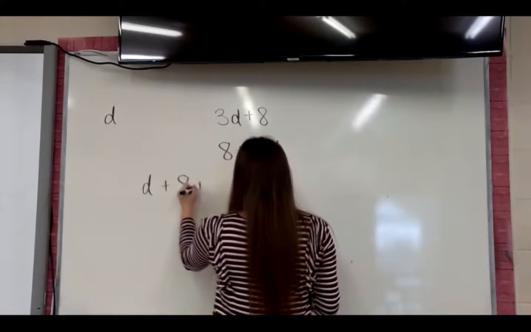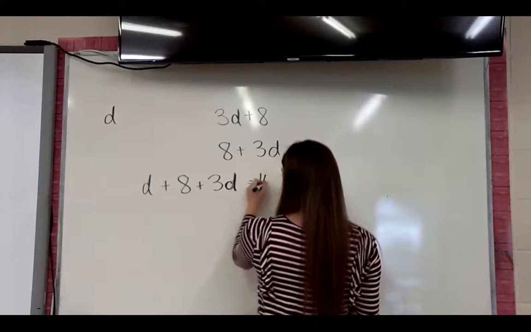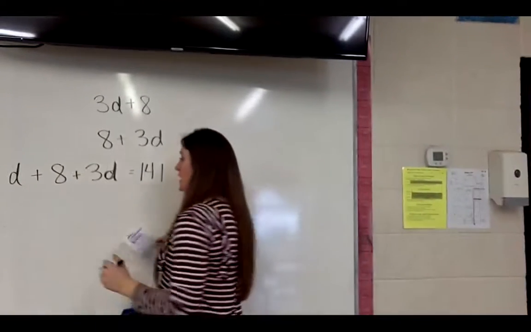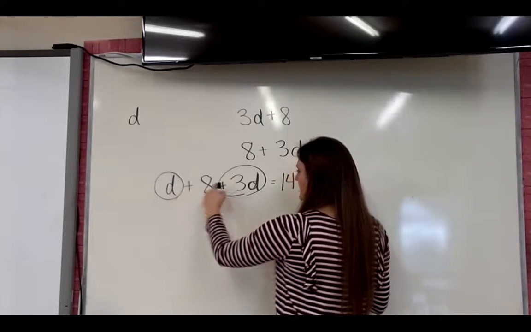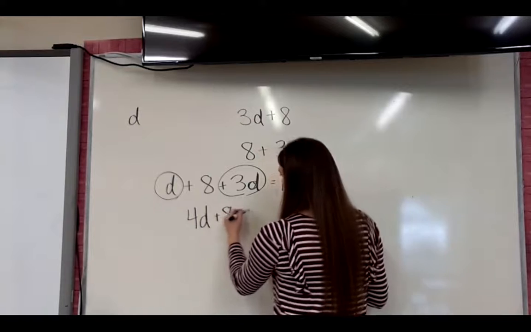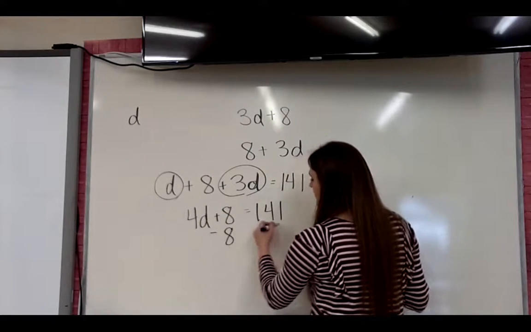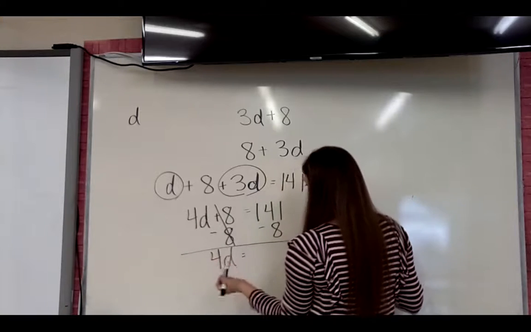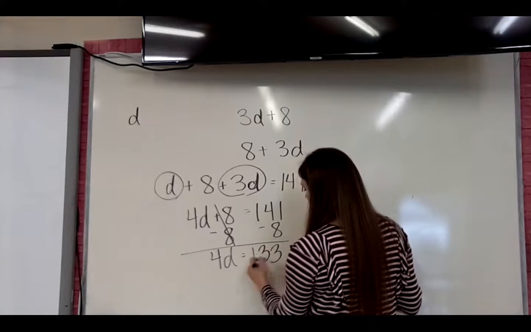Okay. Plus this month equals a total of 141. So we solve for that now. So we can go ahead and combine our like terms. So I have 1D plus 3D, which is 4D plus 8 equals 141. So next we would subtract 8 because now we can solve for our variable. Let's see, minus 1 is 40, minus 7, 133.